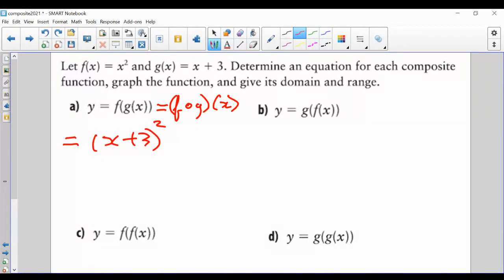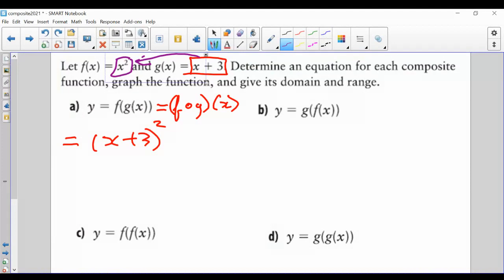All right, that's what the f of the g of x function is. It's just simply taking the g of x function, which is this, and anywhere I see x in the other function, I'm just simply going to substitute that with the x plus 3. This is going into this function. That's the way it is. The g goes into the f.